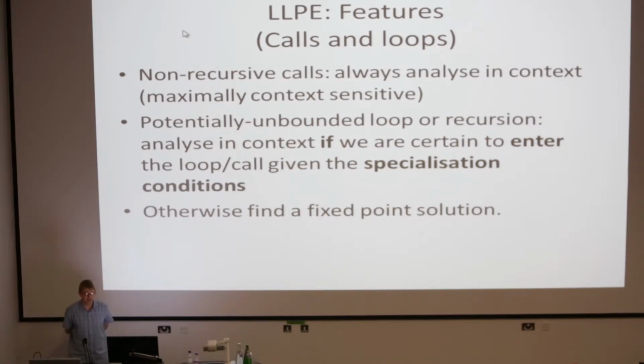If we are not certain to descend into it, then there is a risk that we will do infinite specialization if we attempt to just keep on descending and descending and descending. And therefore, at that point, we would take a fixed point solution over either the loop or the mutually recursive functions that are presenting us with that obstacle.